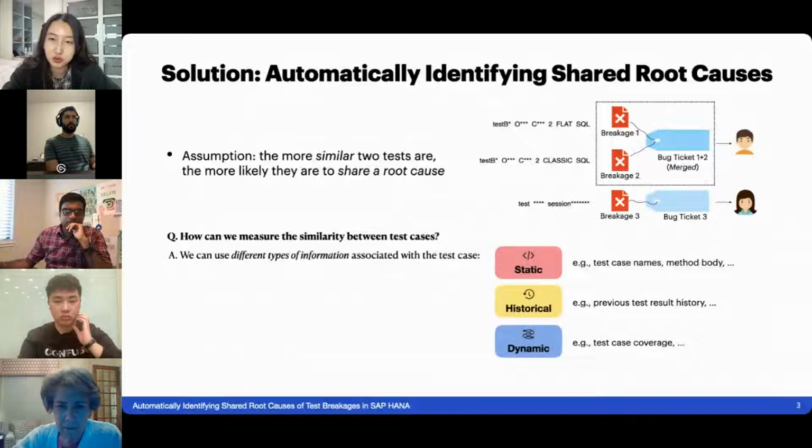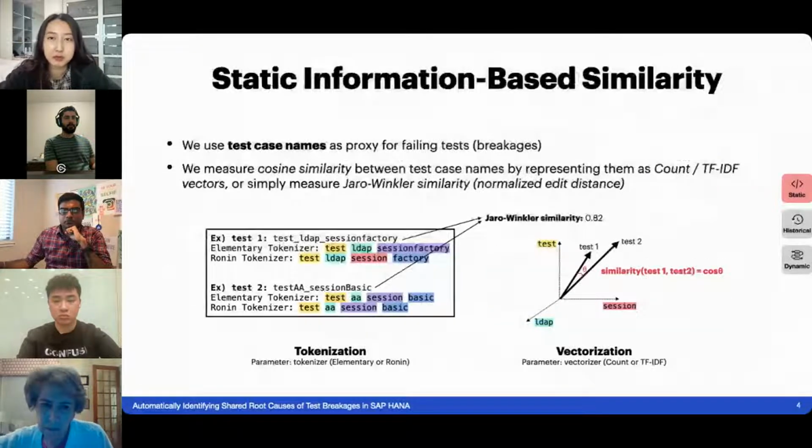We chose to use different types of information and calculated similarity between the processed information, which are from the 3 categories, which are static, historical, and dynamic.